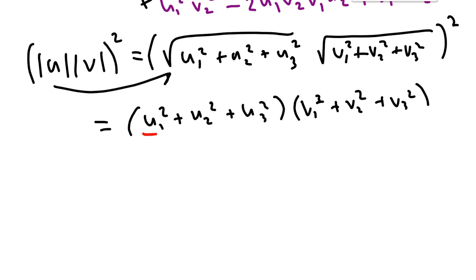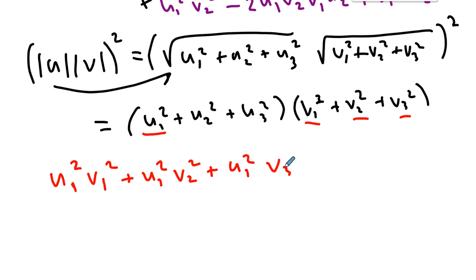I'm going to distribute the u1 squared onto these three terms first, and we would get u1 squared v1 squared plus u1 squared v2 squared plus u1 squared v3 squared. And then what's left to do now is distribute the second term into all of these.